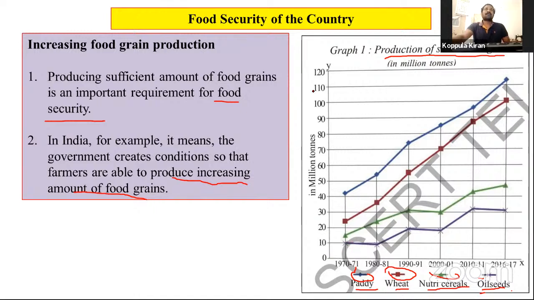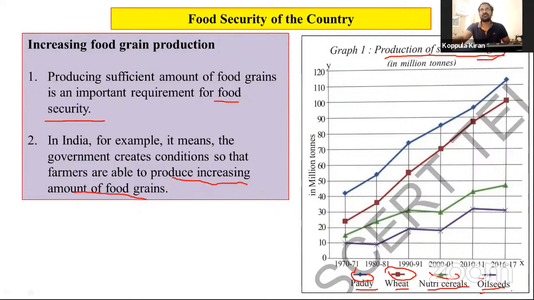On the y-axis is production, how much production in million tons. See this: 10 million tons, 20, 30, and finally 120 million tons of production.